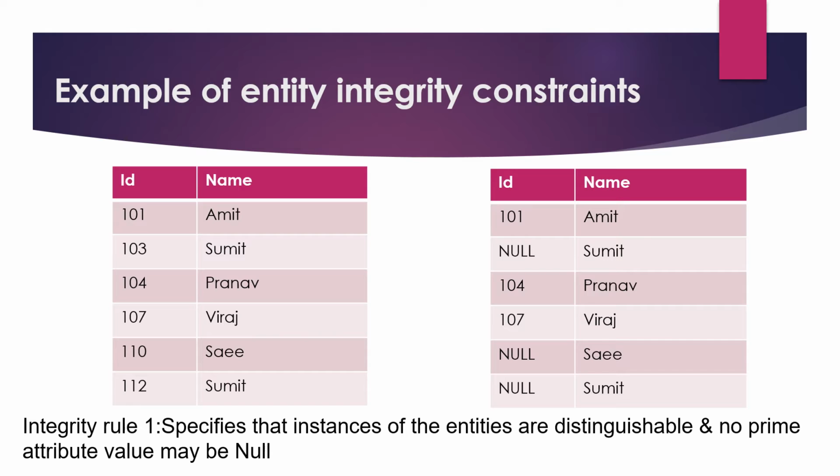If null values, represented as the null keyword, were permitted, then the two tuples null and Sumit are indistinguishable, even though they may represent two different instances of the entity type employee. It contradicts the rule that instances of entities are distinguishable.